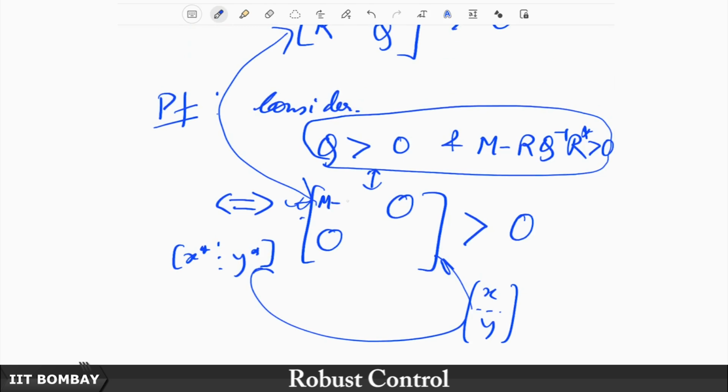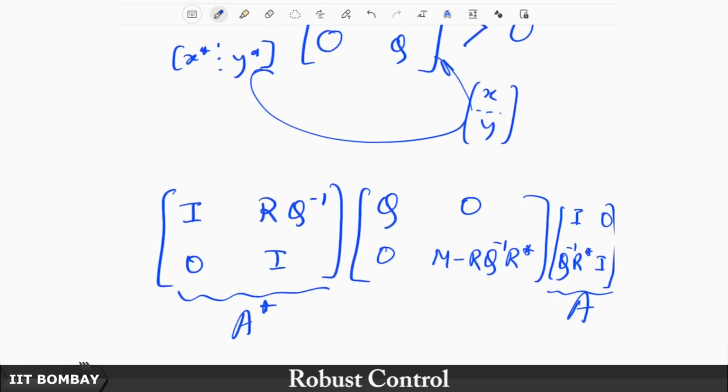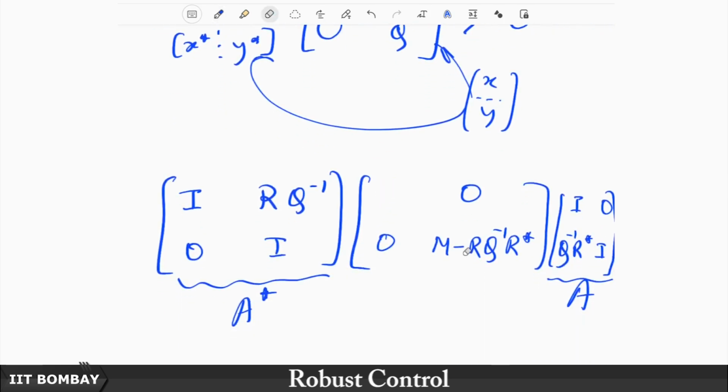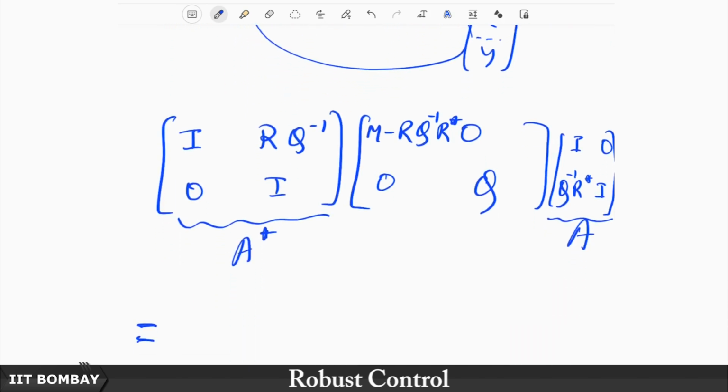It is M minus R Q inverse R star, and this is Q. I could have also flipped the order, but it doesn't matter. I can just switch the places between these two, so that this matrix fits in. It really does not matter whether you take this as the 1 1 block and this as the 2 2 block, or you flip it over.